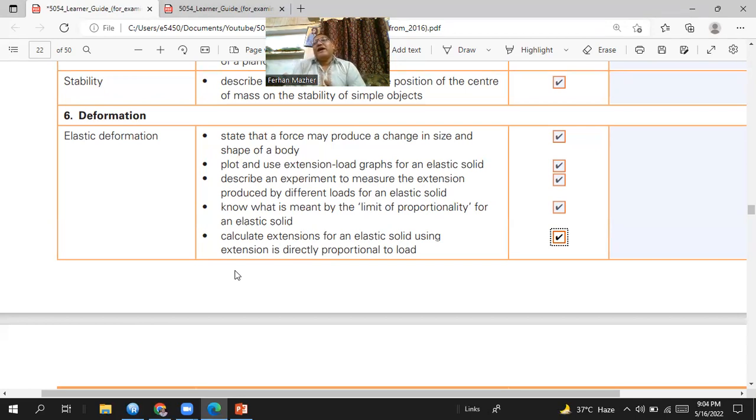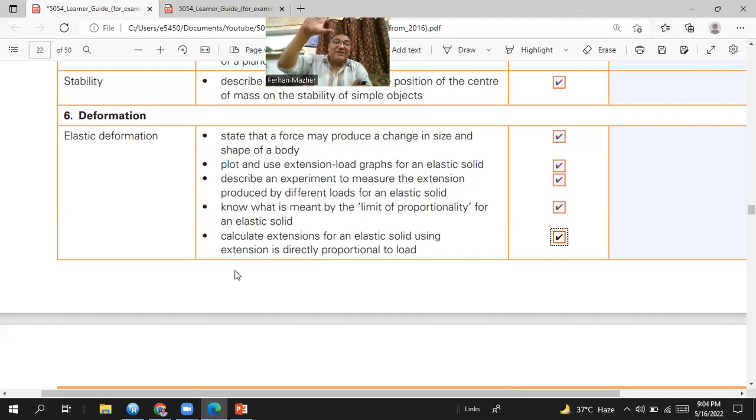But if you hang 2 identical springs in series, you put one spring and then below it you hang the second spring, and you hang that 2 Newton load, the extension will be produced in both of them. In the spring in the lower position, a 4 centimeter extension will be produced.